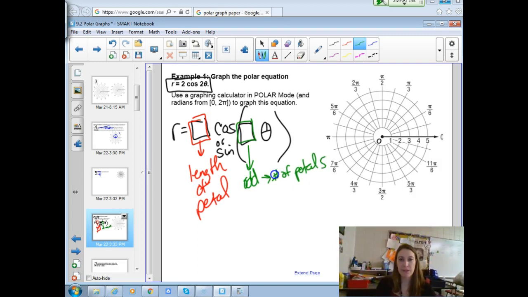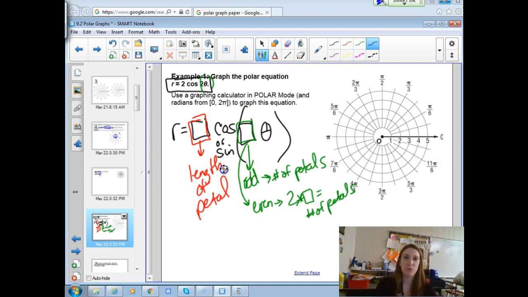So if it was 3 theta, you'd have 3 petals. But if this number is even, then 2 times this number is the number of petals. So for instance in this question, that number was a 2. You noticed on our rose we had 4 petals, because 2 is even, so they double it, and that's how many petals I should expect.